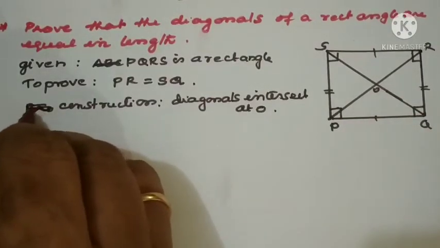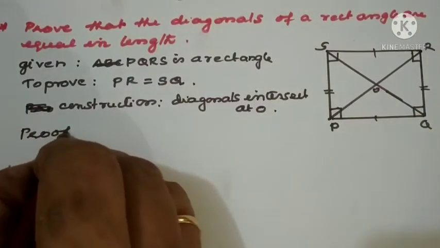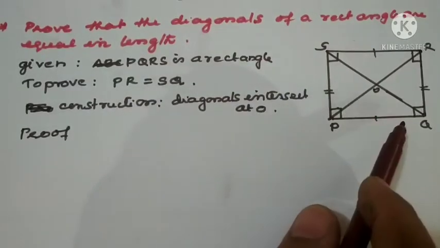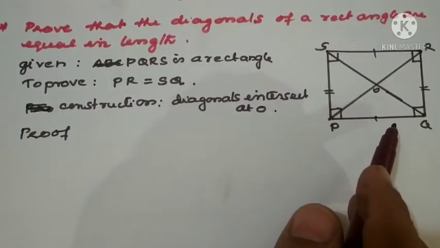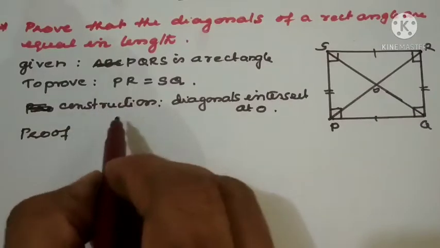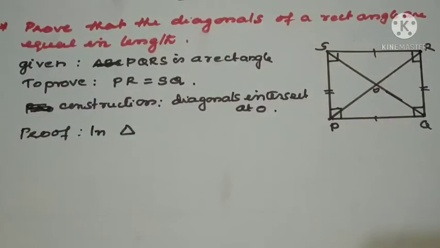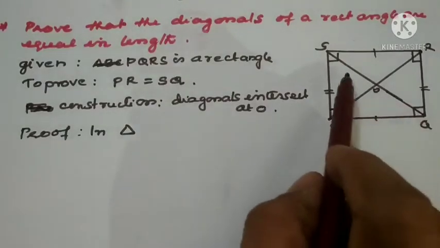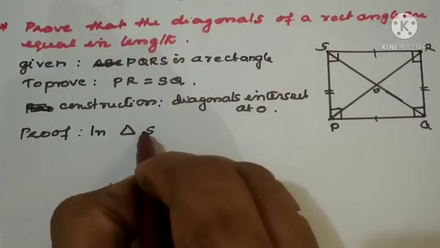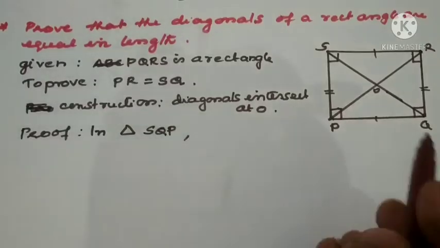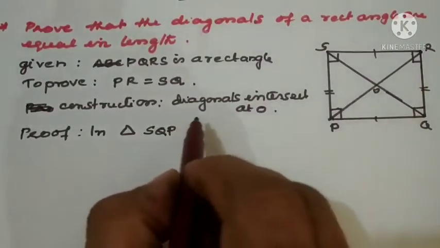Proof. We want PR and SQ as sides. So in which triangle do we get the side SQ? SQP. Another side is PR, so PRQ.